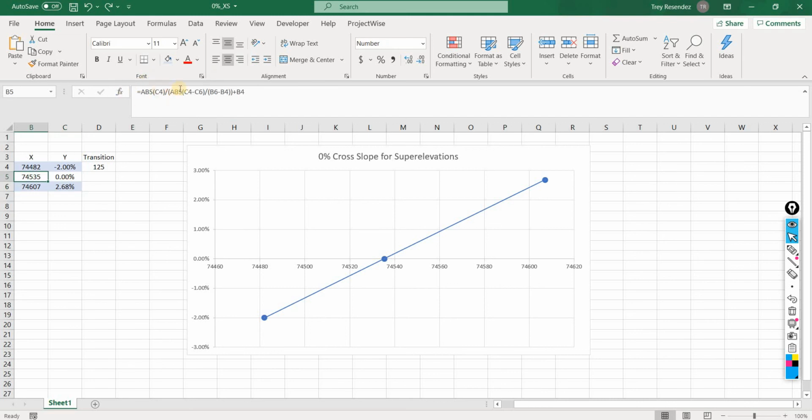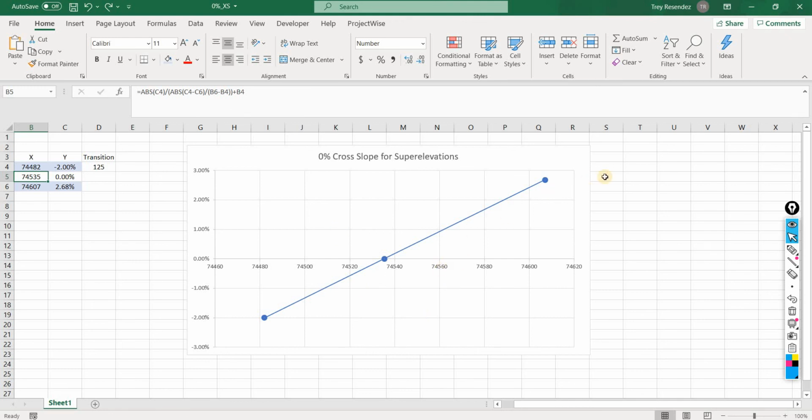And here is the X formula plus the initial station, just to give us the exact station of where our 0% cross slope is.